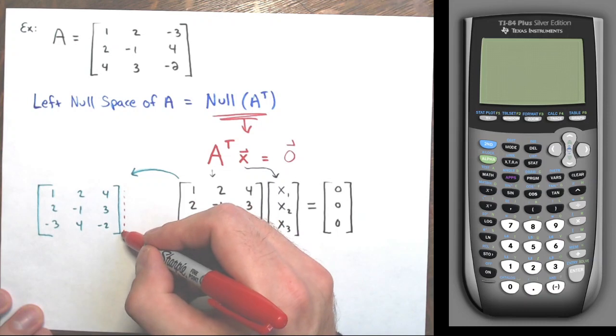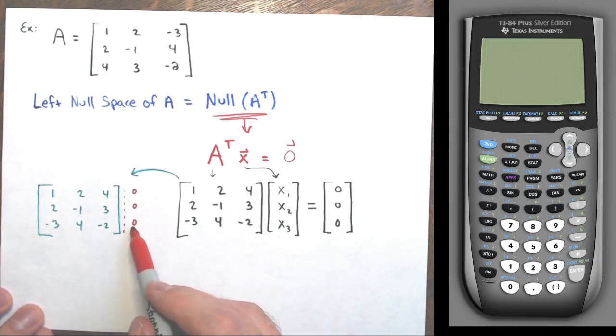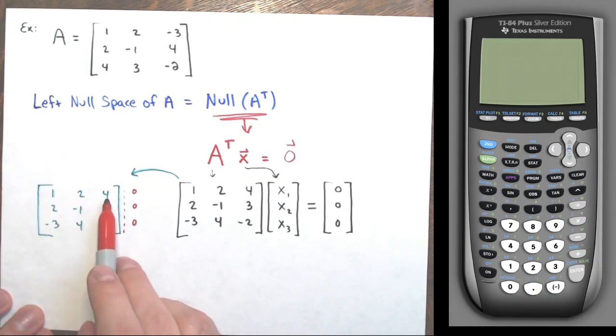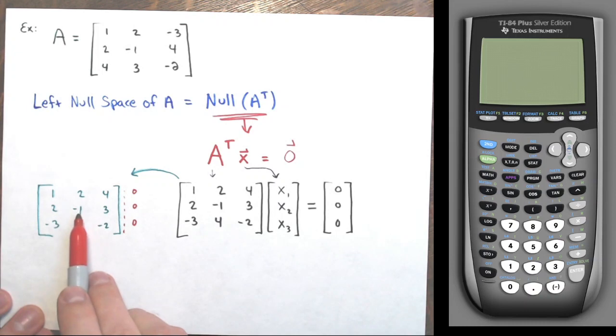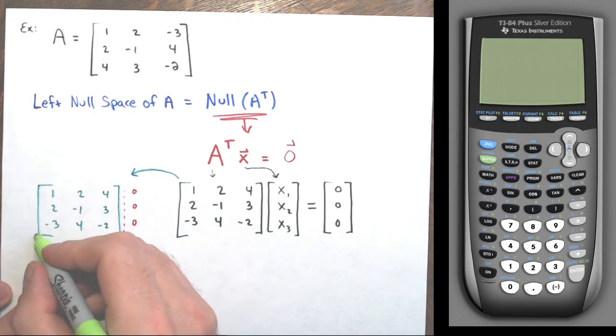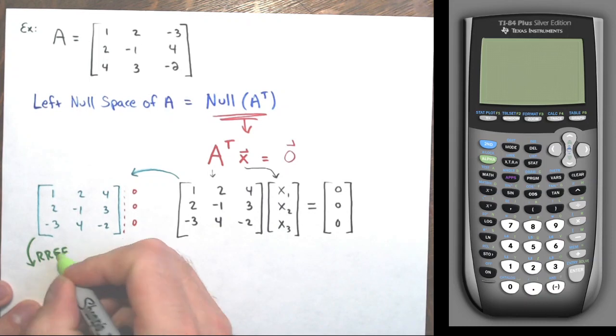I'll draw them here, but never again. Imagine there's the equal 0, equal 0, equal 0. 1x1 plus 2x2 plus 4x3 equals 0. 2x1 minus 1x2 plus 3x3 equals 0, and so on. And then I put this matrix, this A transpose, into reduced echelon form or reduced row echelon form.